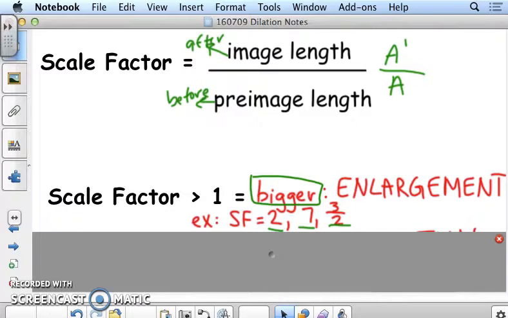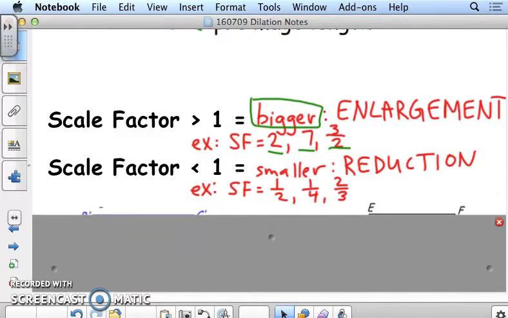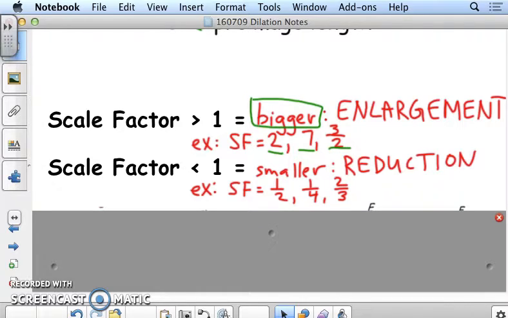If I have a scale factor that is less than 1, this is going to make my figure smaller. So I'm going to call this a reduction. So an example of a scale factor that is a reduction would be half, 1/4, maybe 2/3, things of that nature. Any number less than 1 can be a scale factor of a reduction.